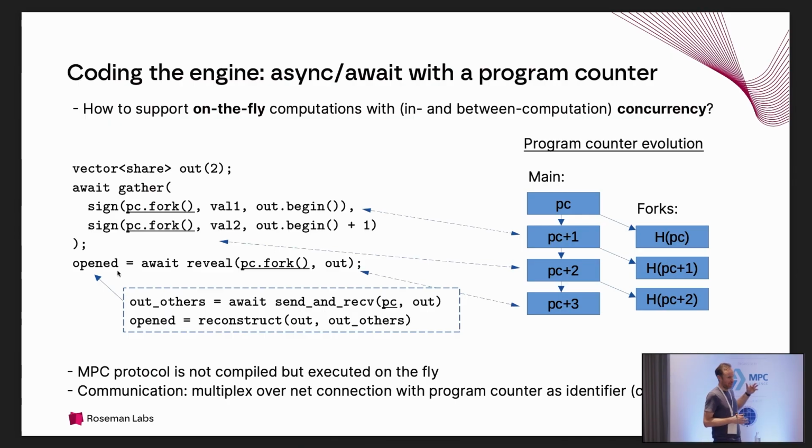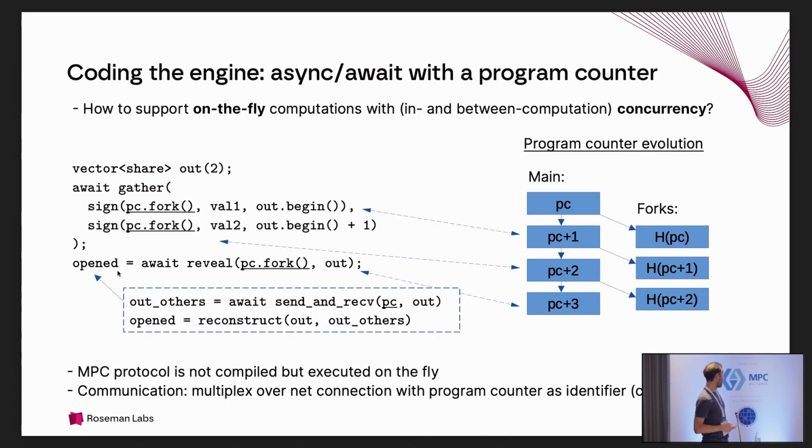So the high-level idea is that at the highest level, I just increment my program counter, and when I enter a subroutine, I'm going to fork it by computing a hash of that program counter, and in that subroutine, I work on that hash. That enables me to keep track of a unique message identifier that is consistent between the different parties, and that is independent from the order in which messages are sent if many things happen concurrently at the same time.